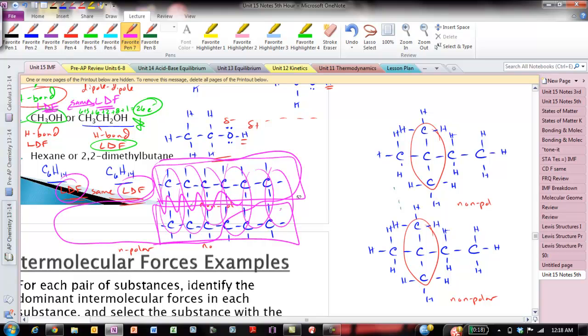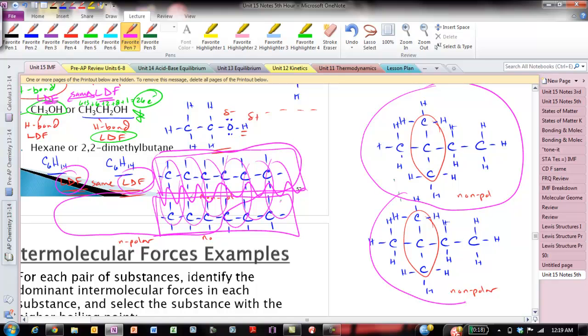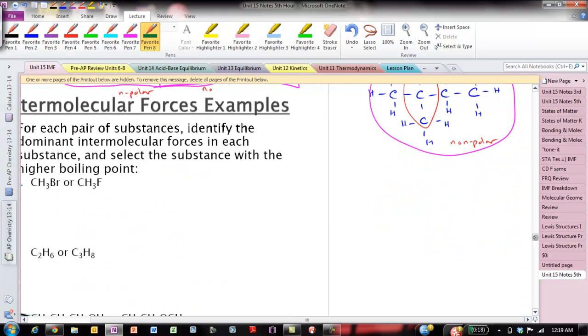They can line up all the way in between. Whereas these kind of almost end up as spheres because of the carbon groups coming out of it. And even if they overload, they're only going to be able to touch at this little small area in here between these few atoms. And so hexane is actually going to have a higher boiling point just because it has more points of contact, right? Because of its shape.